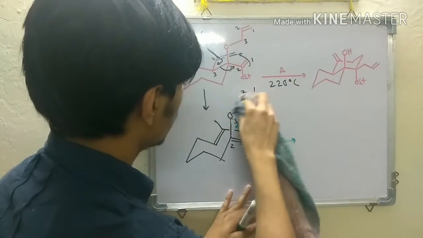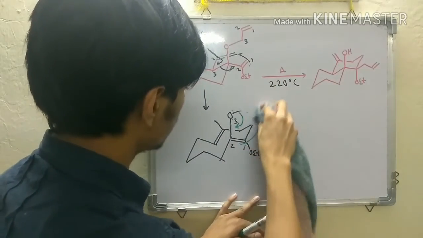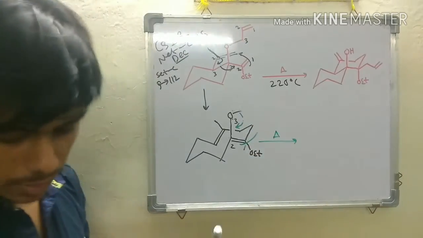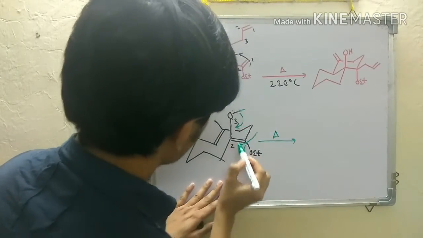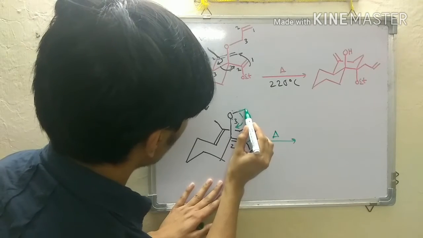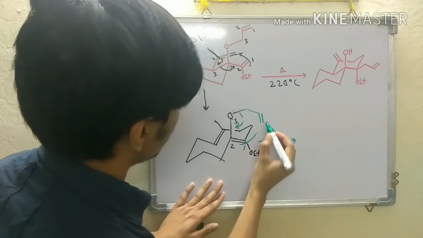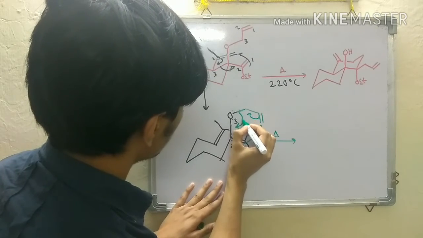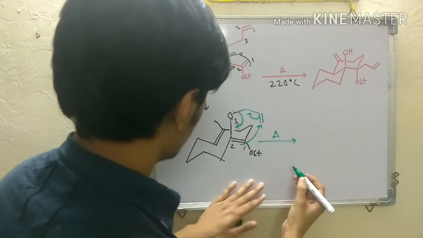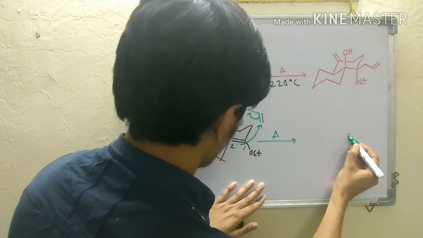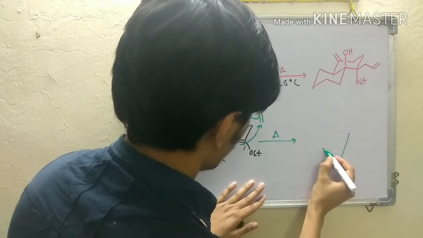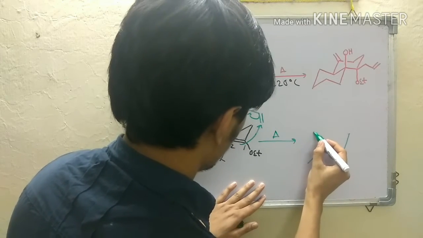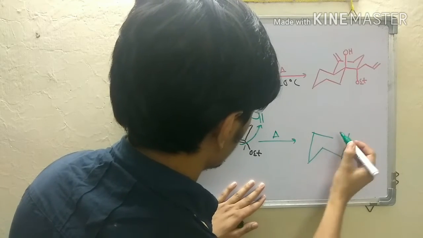If you write it in a clearer way, you can write it like this. This is your vinyl part, and this is your allyl part. This will push here, now this will go here, and this bond will break here. So what you will get is something like this.